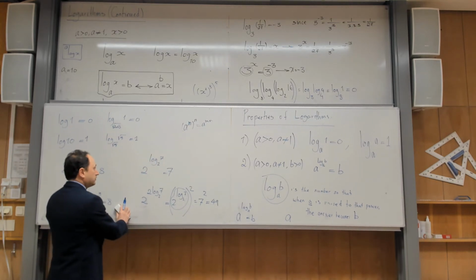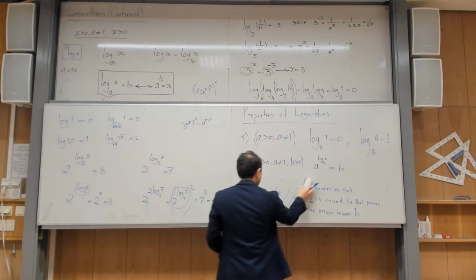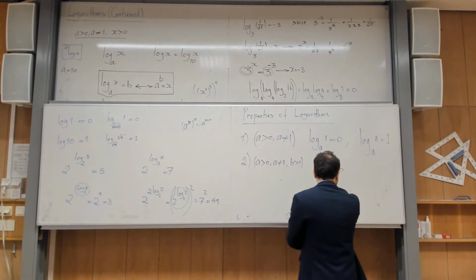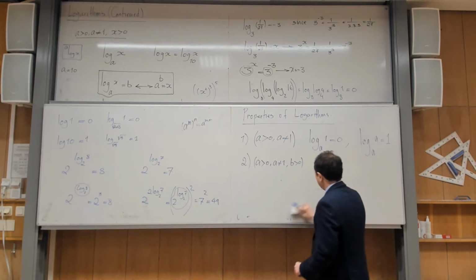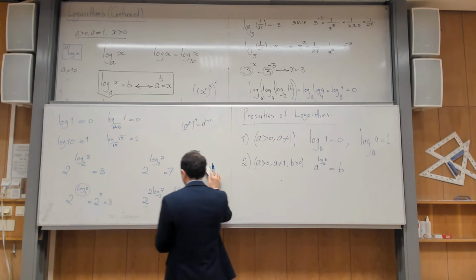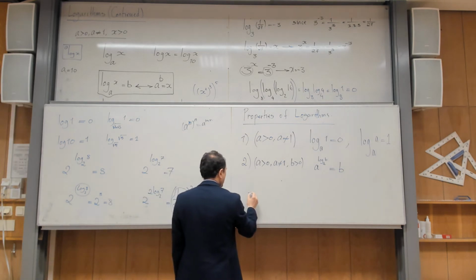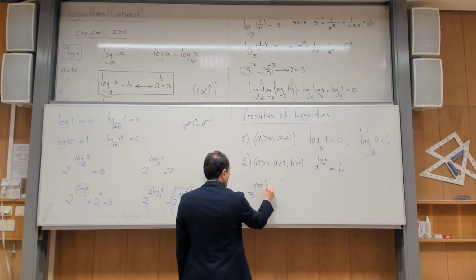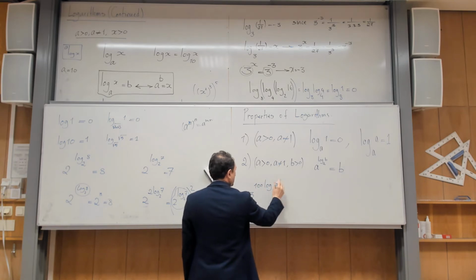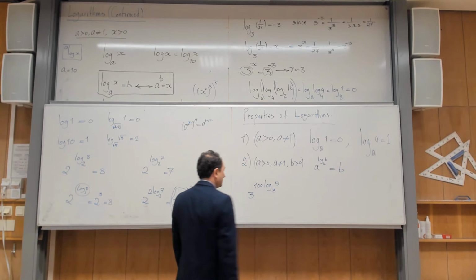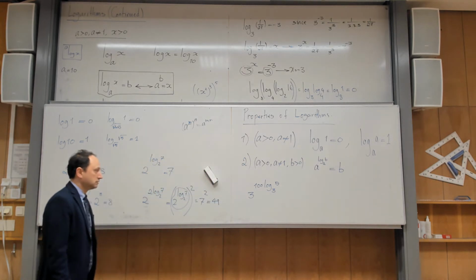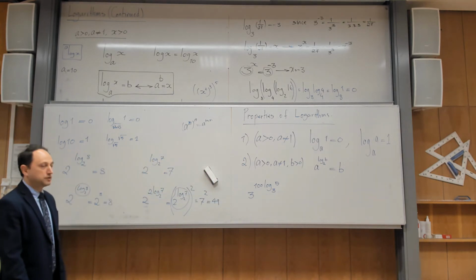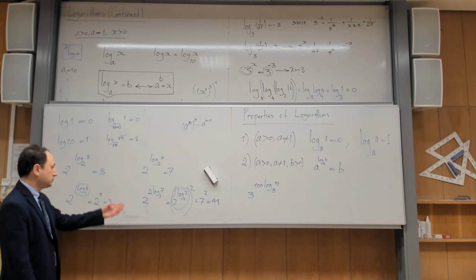So for example, now if I ask you this question, in principle you can solve it, but of course, if I ask you 3 to the power of 100 times log of, I don't know, 5 in base 3, what's the answer? You can get rid of the logarithm here by the same trick that I told you.